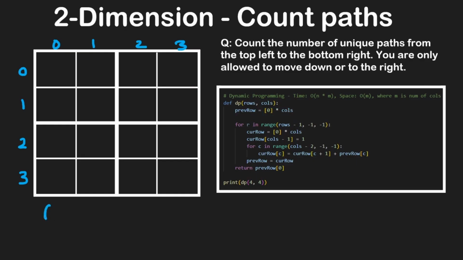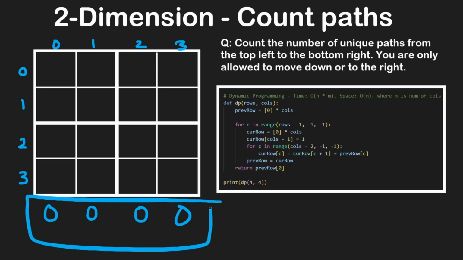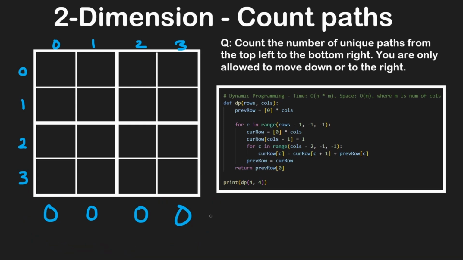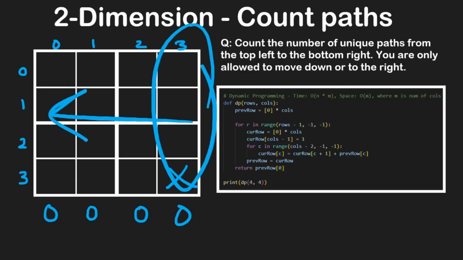What that basically is, we're implicitly creating a row over here that's just telling us that there's all zeros over here. And then we're iterating through this 2D grid, starting here, starting in the last row and then going up and up and up. And in our nested loop, we're starting at the last column and then working our way to the left.